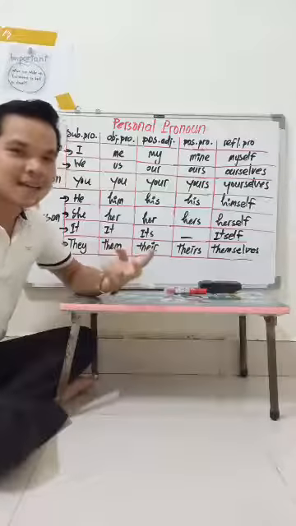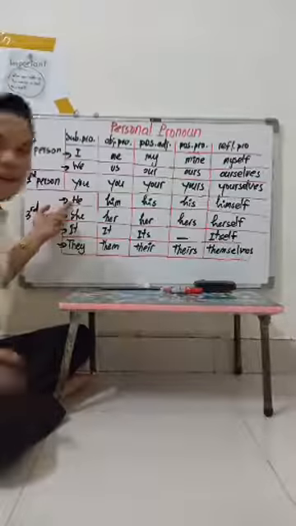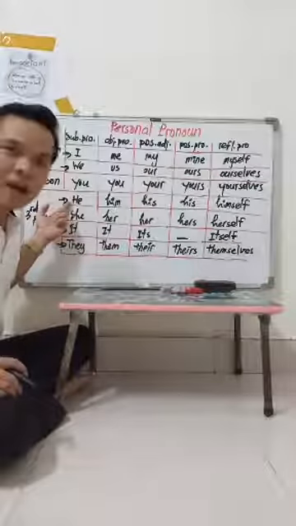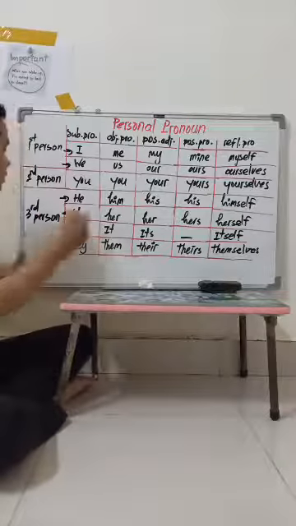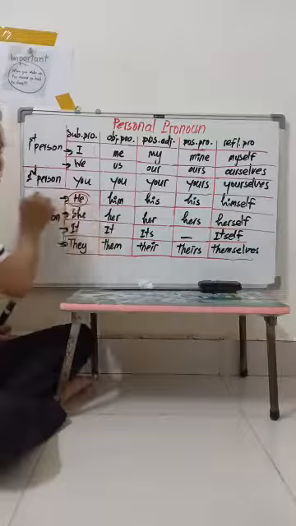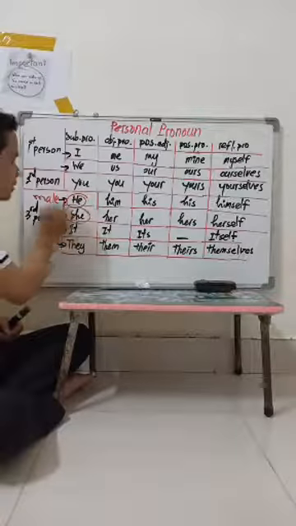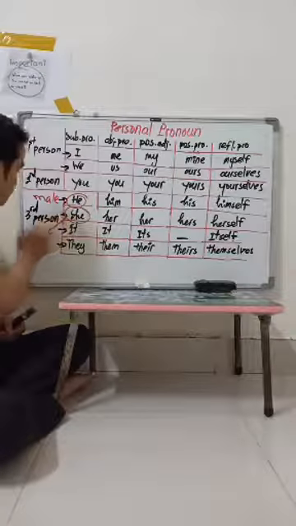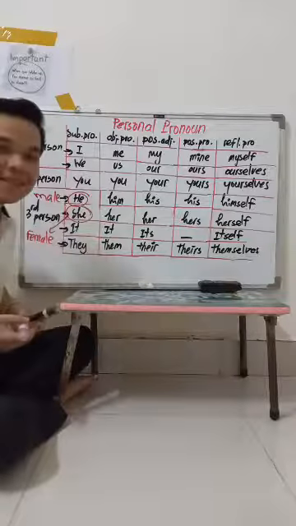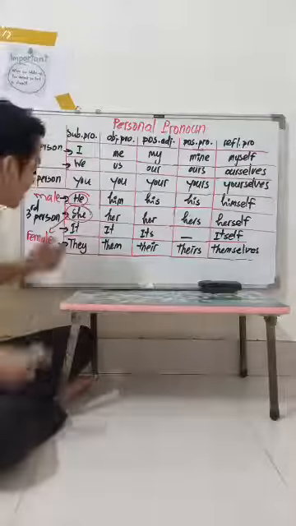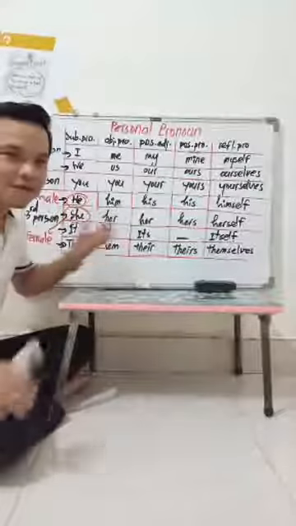And for a thing, we use it. He we use exactly for a male person. She we use for a female. It is for a general thing; we don't think about female or male.